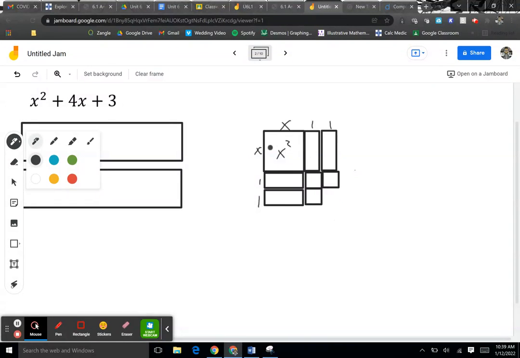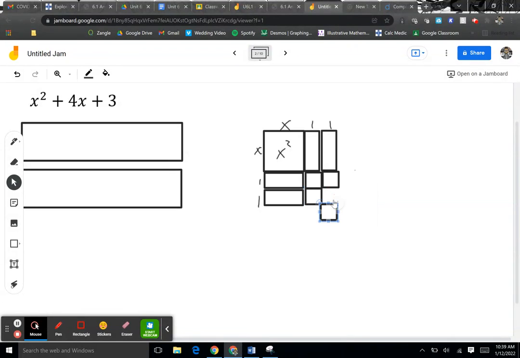This square is not complete. How many more squares do we have to add back in to create a perfect square here? Well, there's just one missing. So right here, I'll make this red. This red square completes it. So now I have completed a perfect square right here.